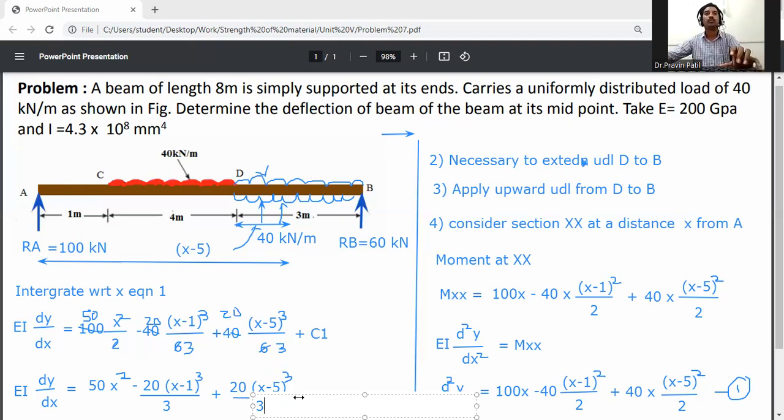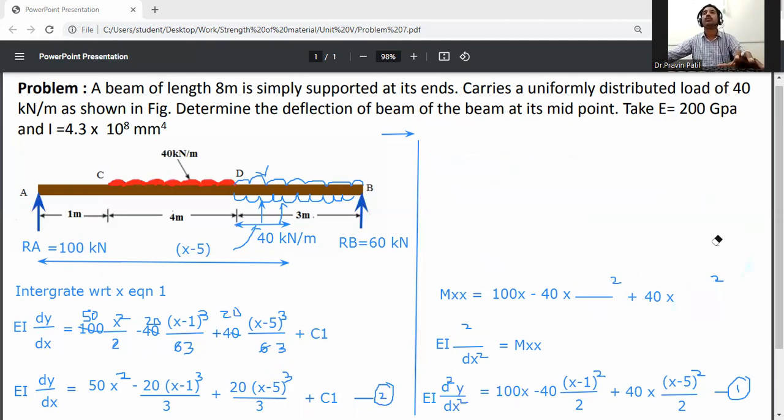Write this down as equation number 2. Now again integrate with respect to x.